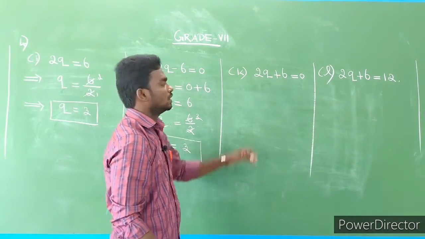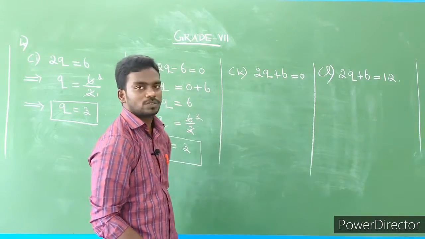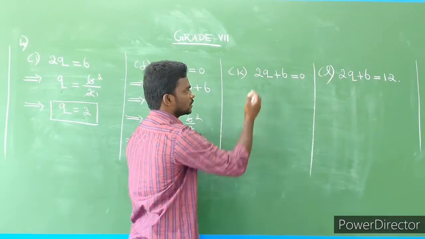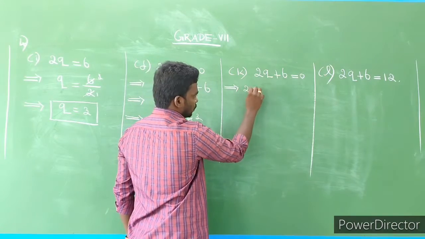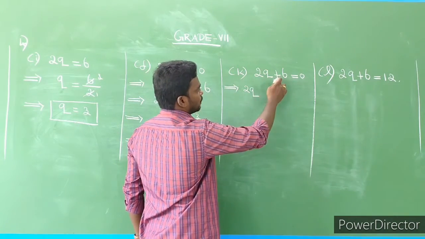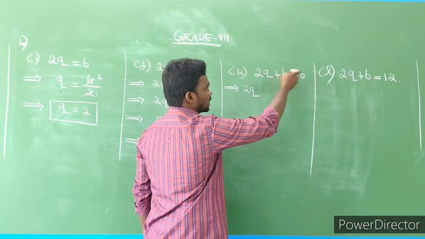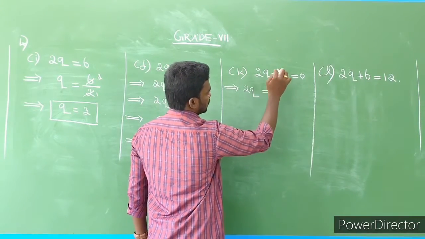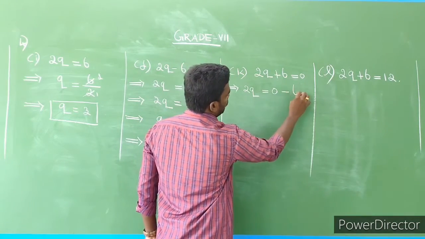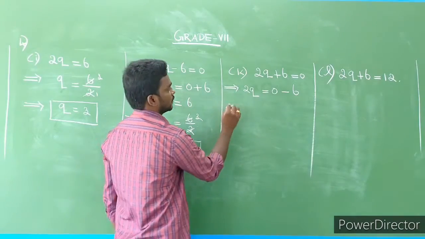Next, our K question. 2q plus 6 is equal to 0. Implies that keep the value 2q on the left side, and this plus 6 is transposing to, what is that? Minus 6, equal to 0. This plus 6 is transposing to minus 6 on the right side.